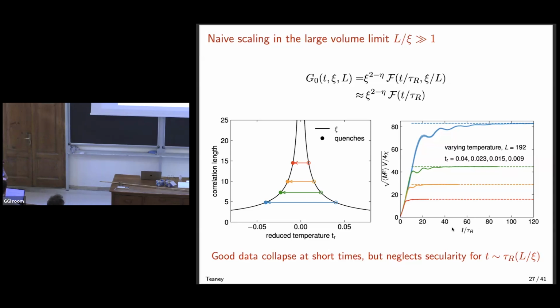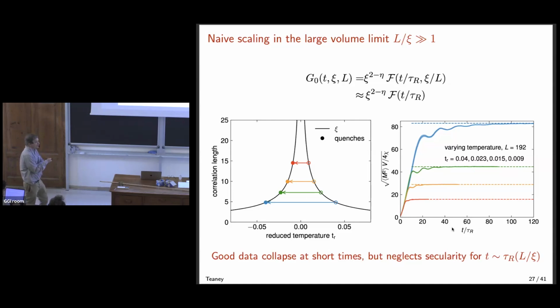Of course you would like to have a scaling theory for exactly how the chiral condensate should grow as a function of time. You have a lot of tools, like dynamical critical scaling, to analyze how this should grow. In particular, if you use the scaling hypothesis, all times should be measured in units of this tau r, which scales like c to the power d over 2, and all lengths should be measured in units of c. A naive application of dynamical critical scaling would say this is a function of 3 parameters, but actually a function only of these ratios.